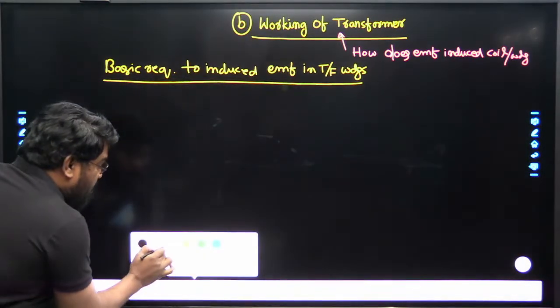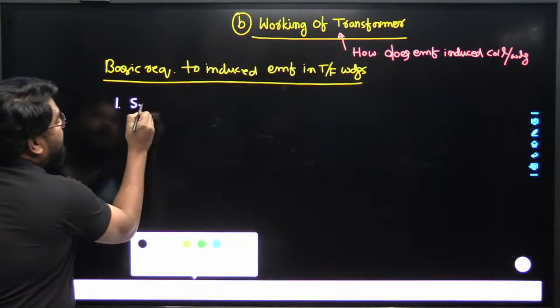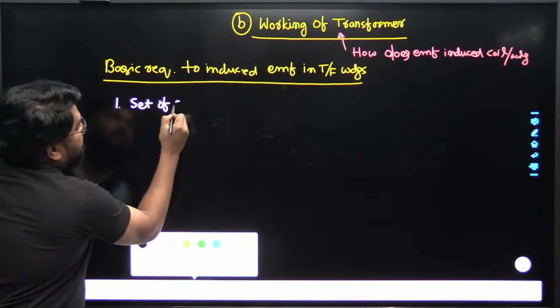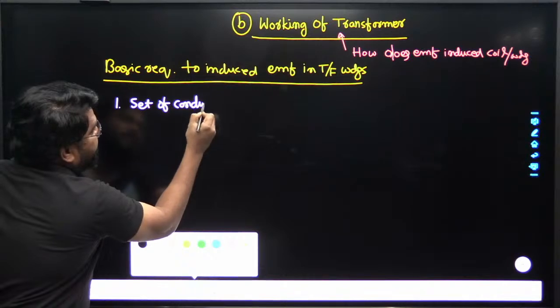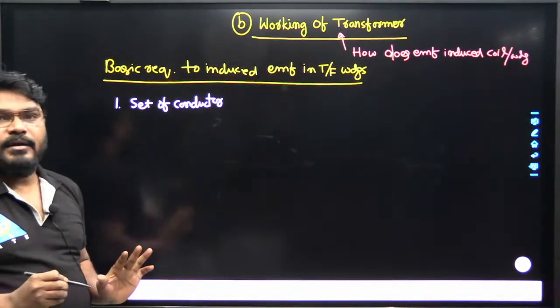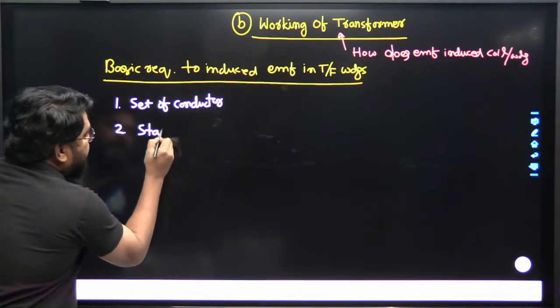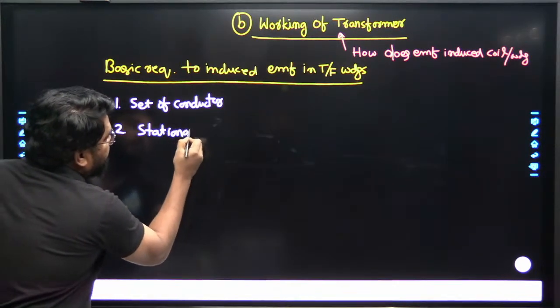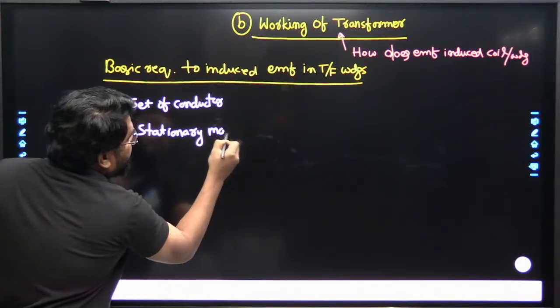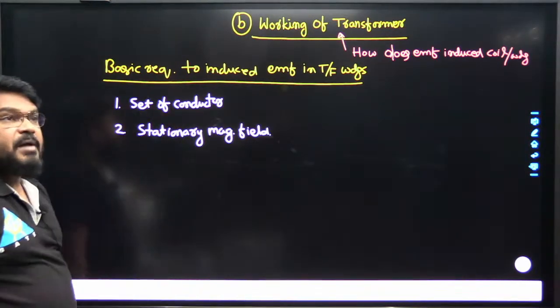The first requirement is the set of conductors. What is the meaning of set of conductors here? That is nothing but a group of conductors. The second one is the stationary magnetic field. What is the meaning of the stationary magnetic field?